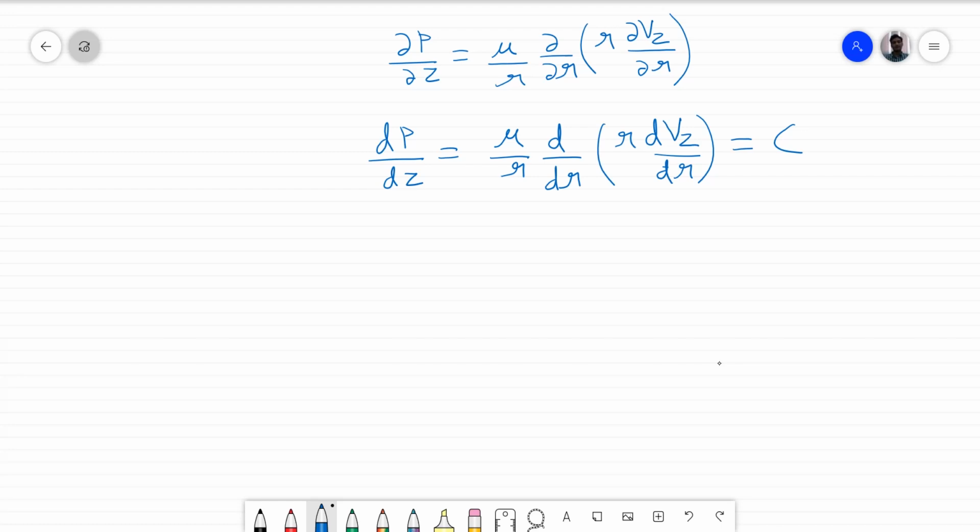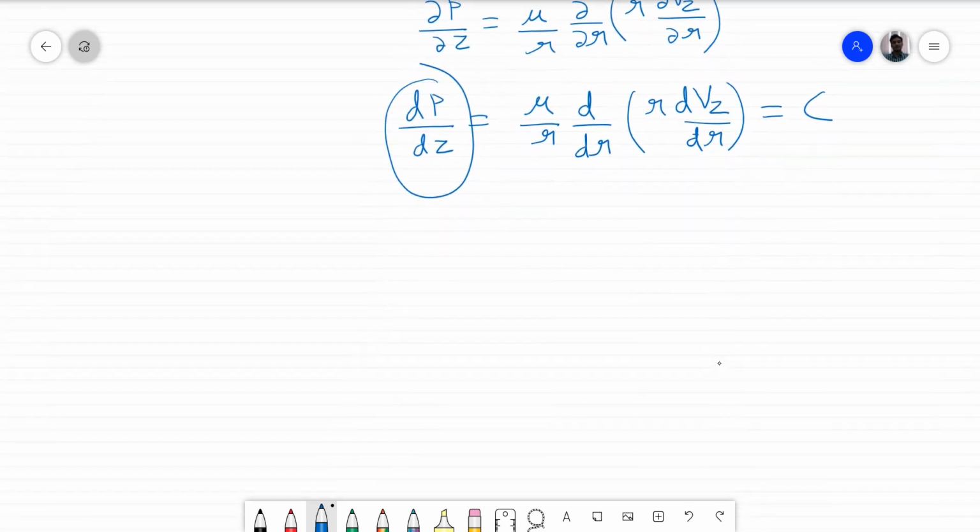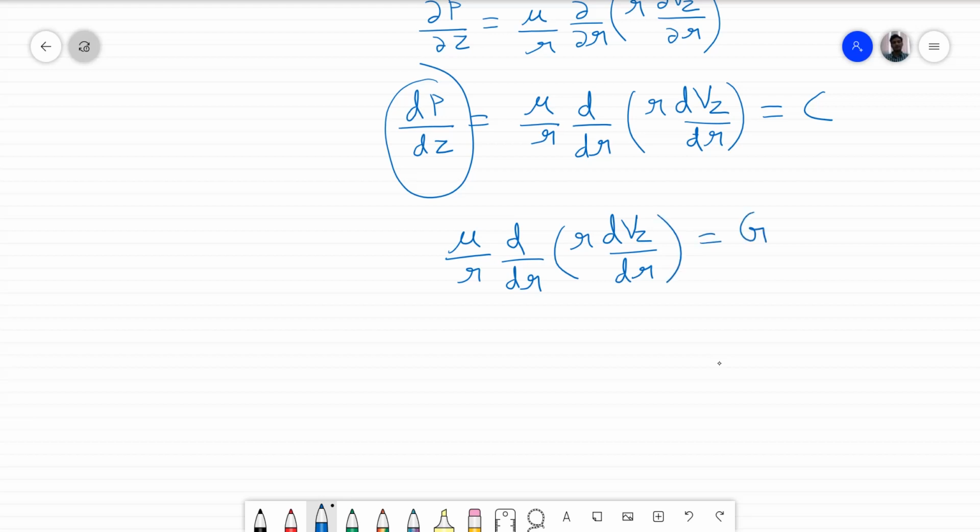Now we can call this dp by dz constant as some g, like we did for the flat plate case, and we can say mu by r d/dr of r dVz/dr equal to that constant g. This g is the pressure gradient in the pipe.